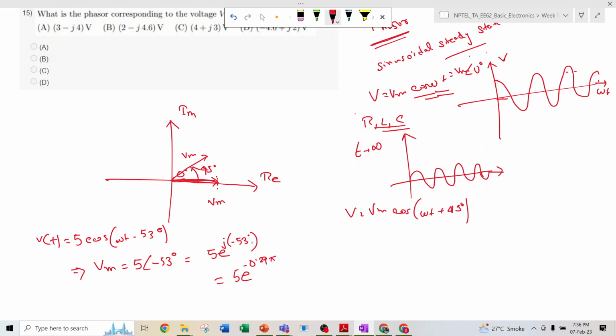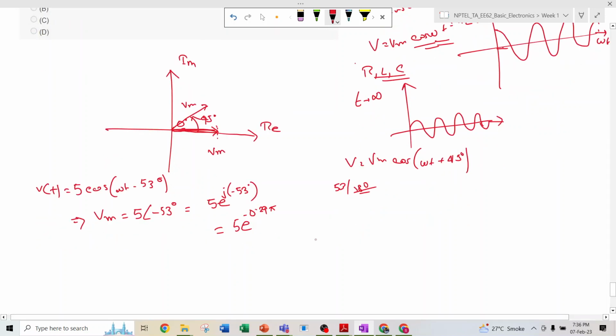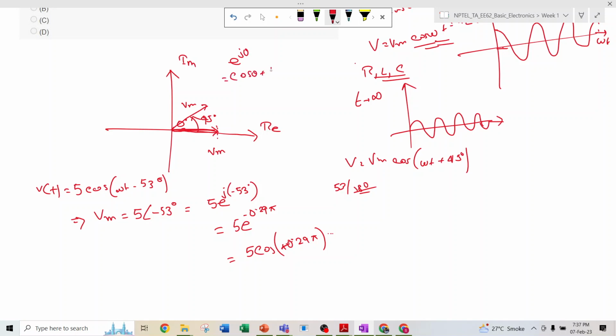We should always consider this as radian, because before expanding this, 53 divided by 180. So it will be like 5 e to the power, sorry, mistake, plus, sorry. So e to the power j theta can be expanded as cos theta plus j sin theta.